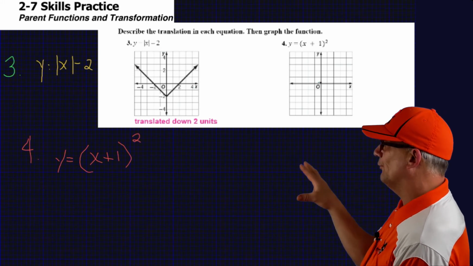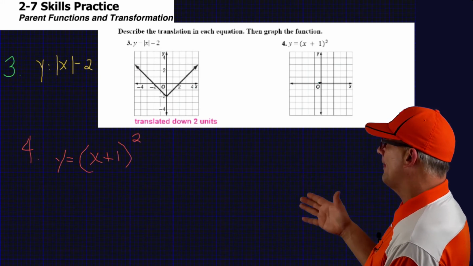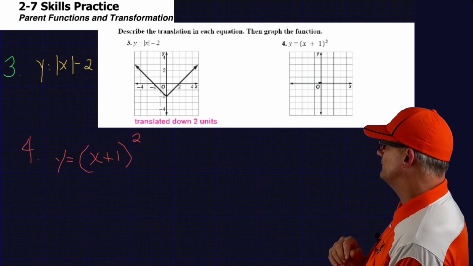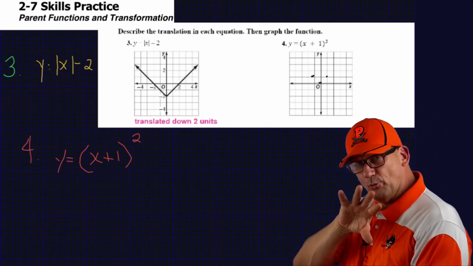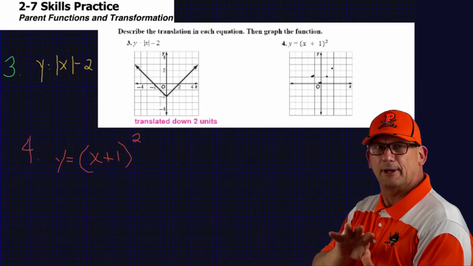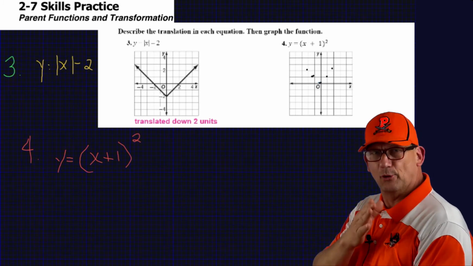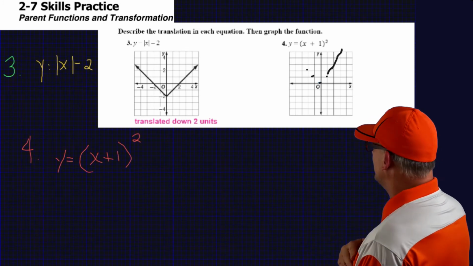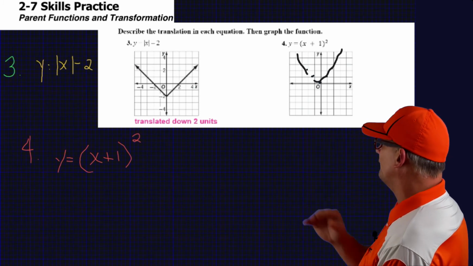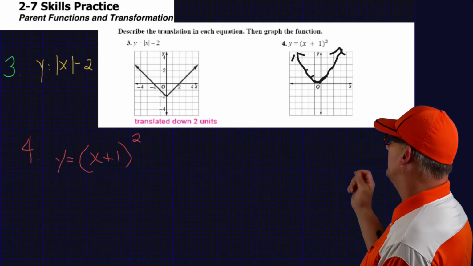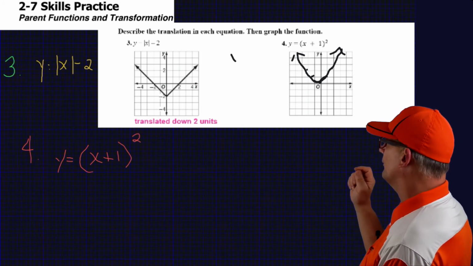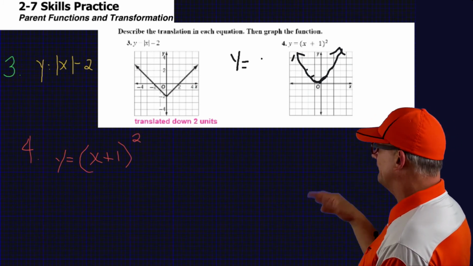Okay? Doesn't matter what the form is, there's several forms that we can put the quadratic in, right? There's several different forms, but if it's got one square term in it and one variable, we know it's a quadratic. Okay? So there's the parent function of the quadratic, right? 0, 0, 1, 1, 2, 4, 3, 9, right?